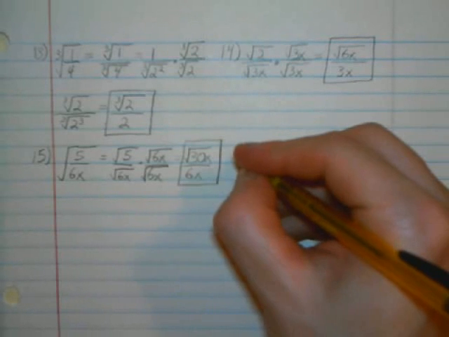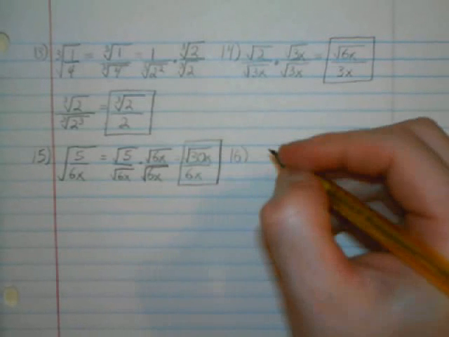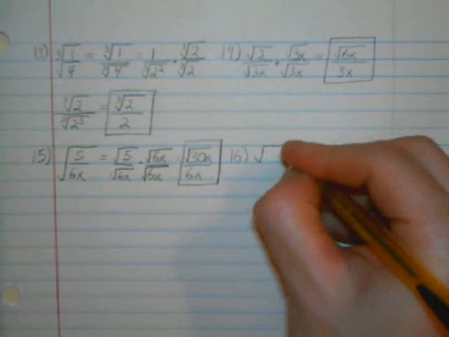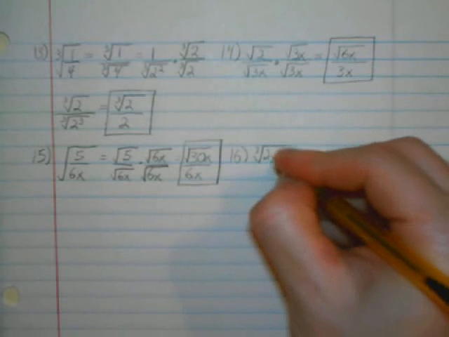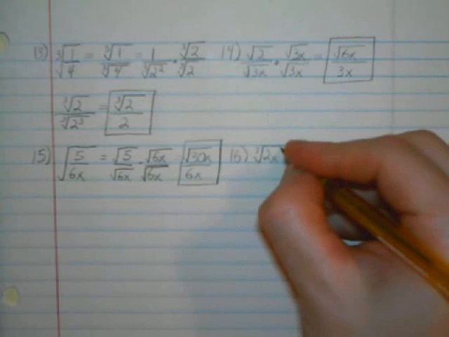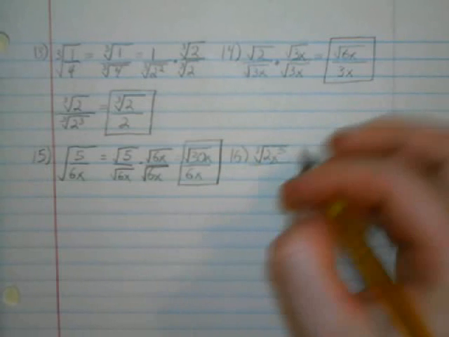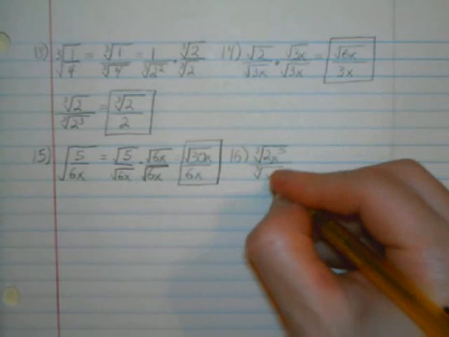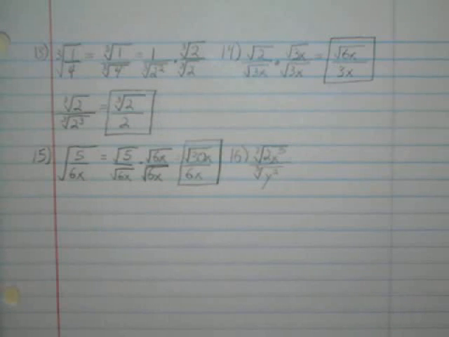Lastly, for 16. When I look at this one, it looks like one that I might be able to do some combining. So we've got the cube root of 2x squared. Excuse me, that's 2x to the third, divided by the cube root of y squared.